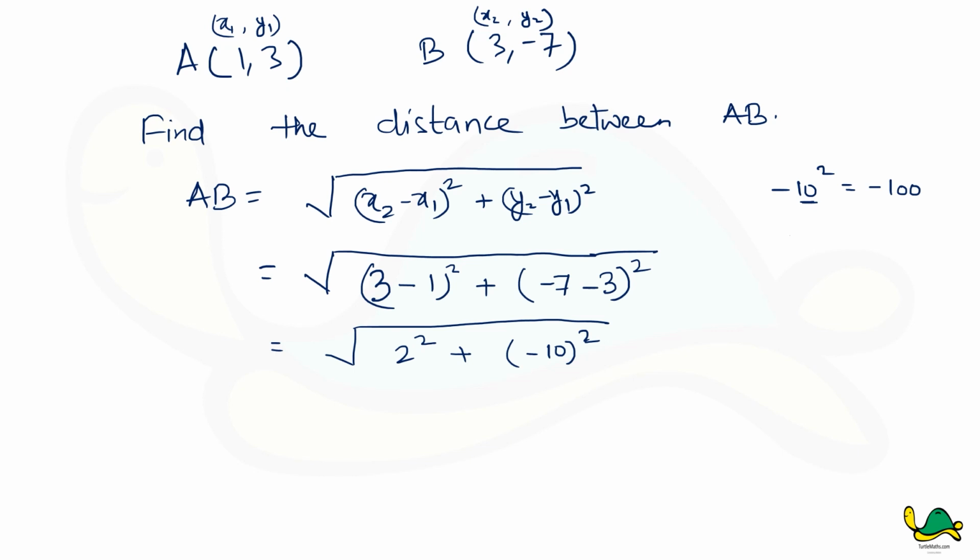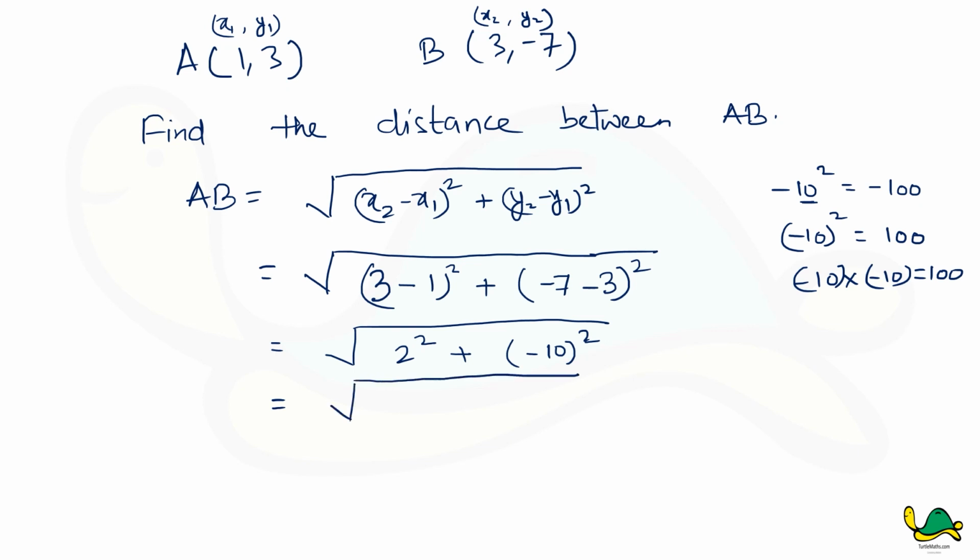If you have a negative number and you would like to find its square, put it inside a bracket, write negative 10 whole square, and the answer should be 100. Think about it. A negative number multiplied by another negative number, the answer should be positive. So moving ahead, be careful when you're plugging these values in your calculator.